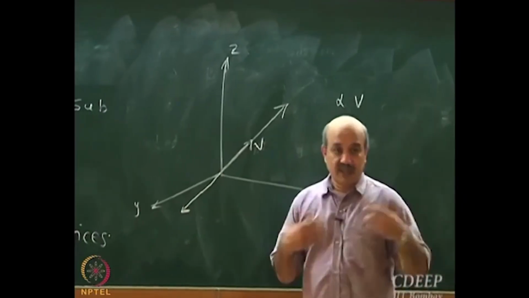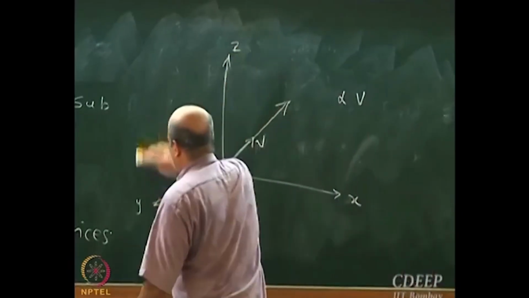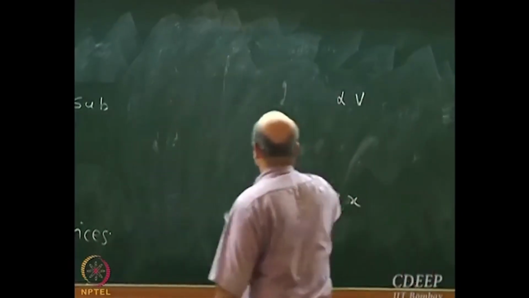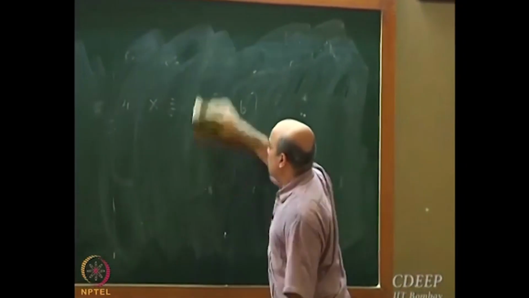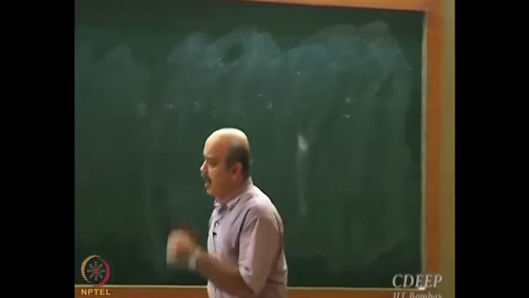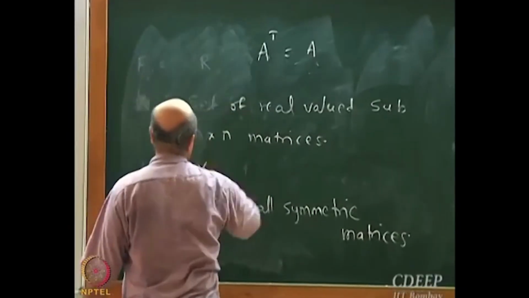So we need to now generalize this concept of dimension, and to generalize this concept, we need to generalize many other concepts. We have to have the notion of linear combination defined.